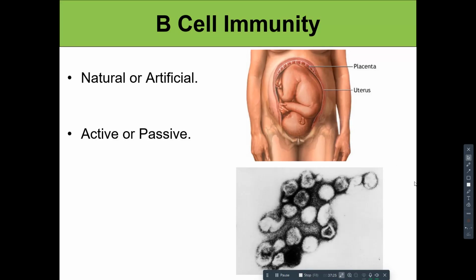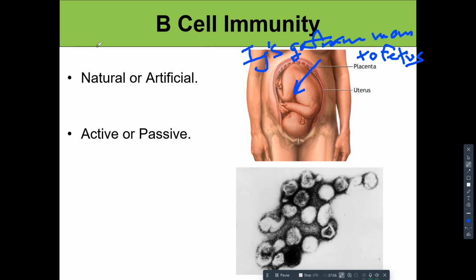And one of the things that happens is antibodies, immunoglobulins, IGs, go from mom to fetus. And that happens at the placenta. These antibodies are going to protect that fetus because his immune system is still developing.